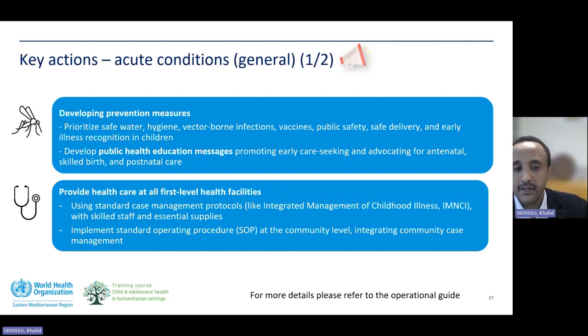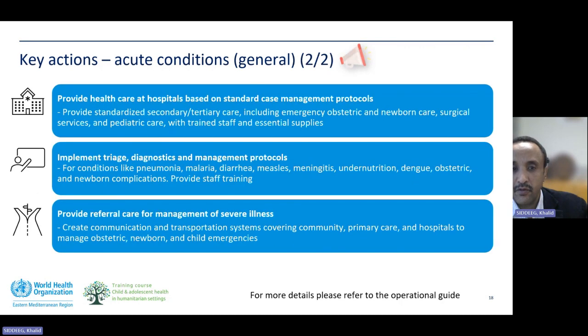For the case management, we need to address case management at all levels, at community case management, at primary health care, focusing, for example, on IMCI, integrated management of childhood illnesses. And we need to make sure also that at other levels the SOPs, the protocols and standards are implemented, at hospital levels.